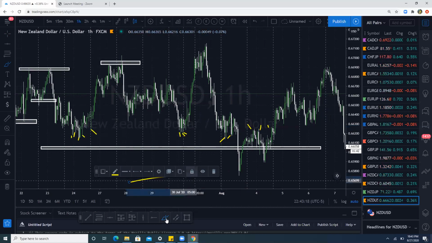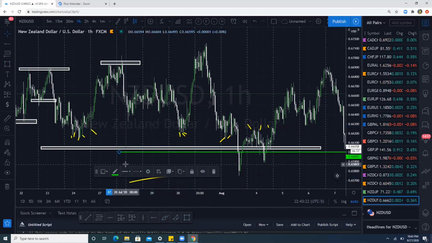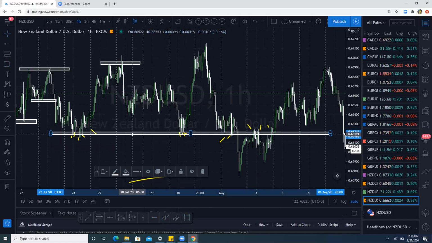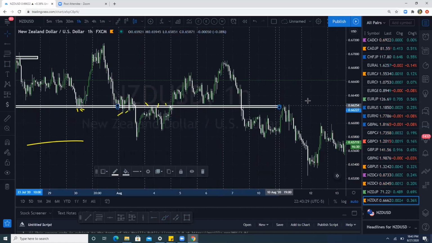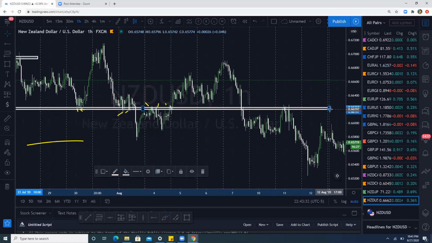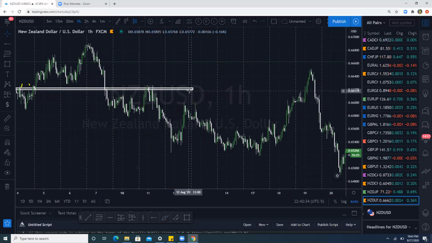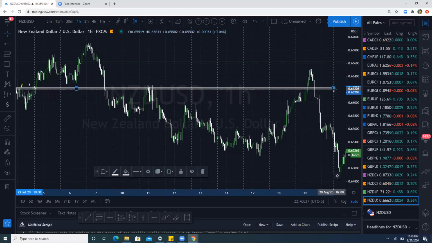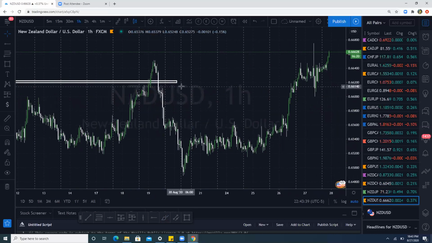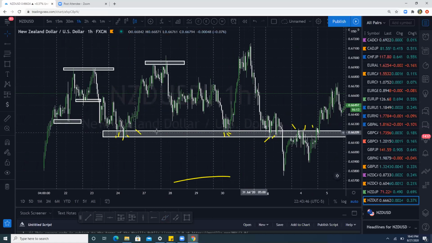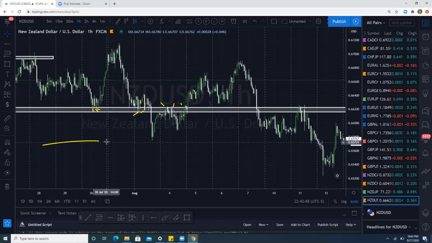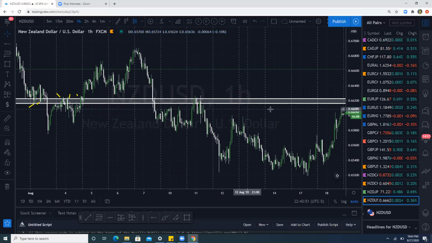If I put that back on here and extend it out, price is going to continue to respect that level. See how far it goes as it continues to respect the level, even to current price. That same level from here is being respected over and over again. So, multiple respects of price.